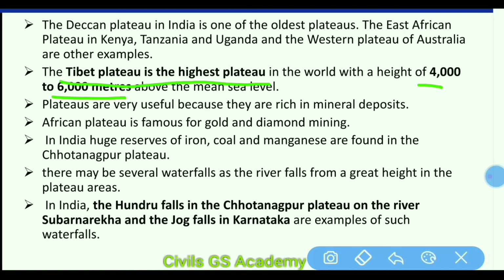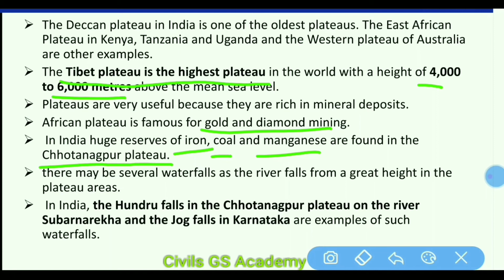Plateaus are very useful because they are rich in mineral deposits. African Plateau is famous for gold and diamond. In India, a huge reserve of iron, coal and manganese is found in the Chota Nagpur Plateau. There may be several waterfalls as the rivers fall from a great height in the plateau area.